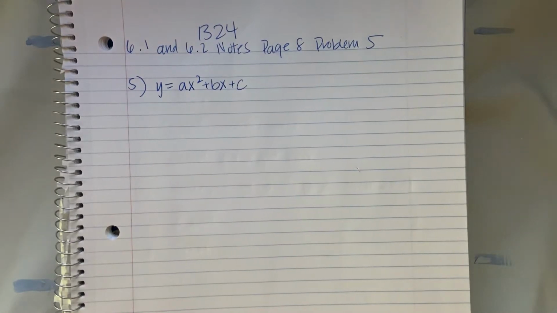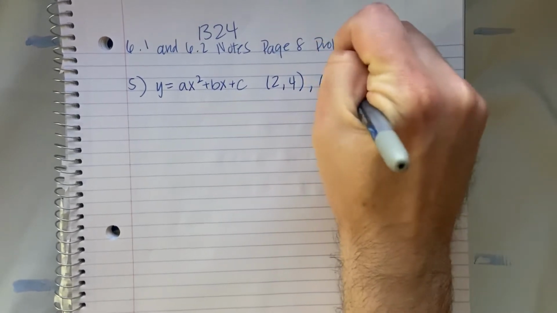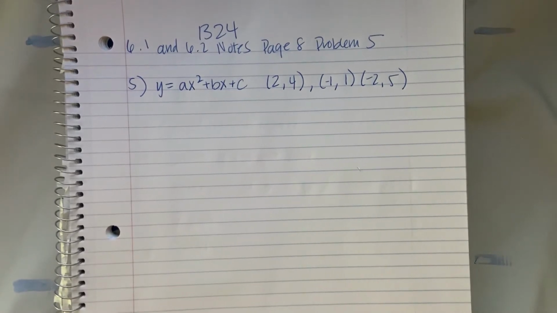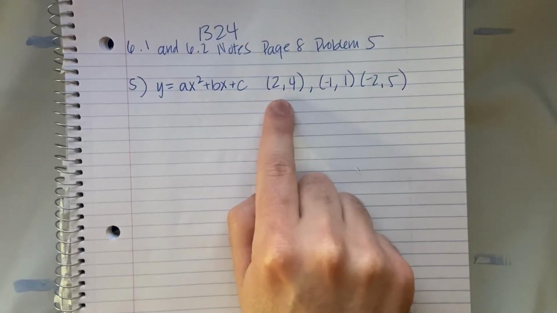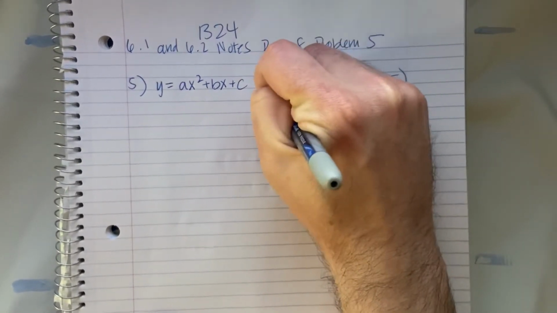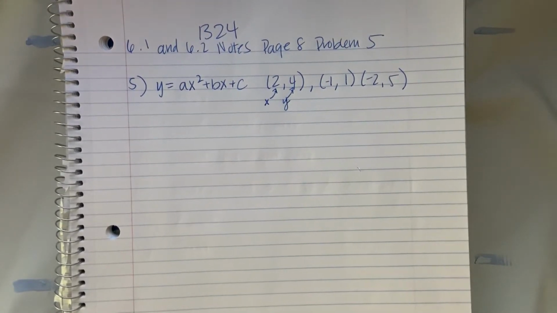Now, how can we use that through the points 2, 4, -1, 1, and -2, 5? Well, let's remember what an ordered pair is. It's a set of x and y coordinates. So for this first point, 2, 4, this is the x and this is the y. Our equation also has x's and y's, so we need to substitute these in, and then we're going to get a system of equations in terms of a, b, and c.